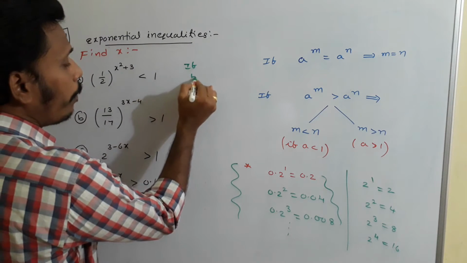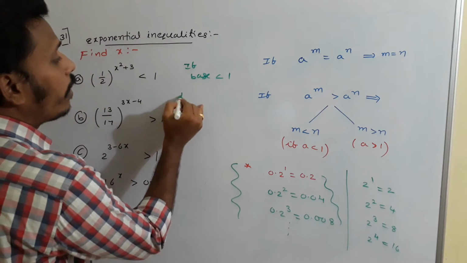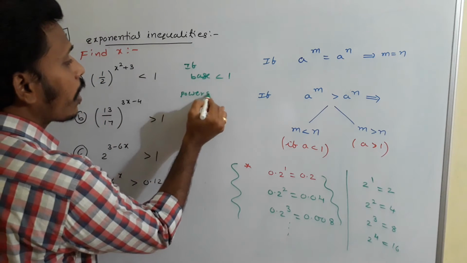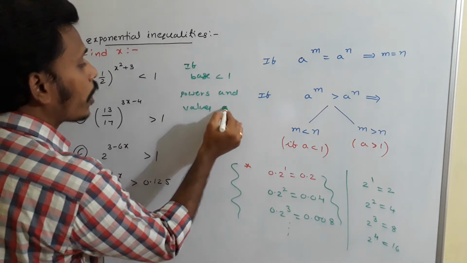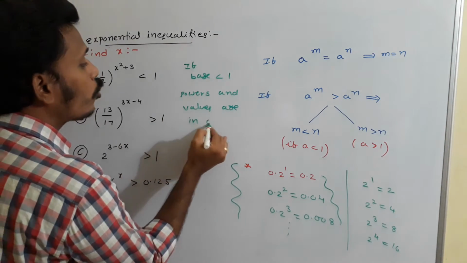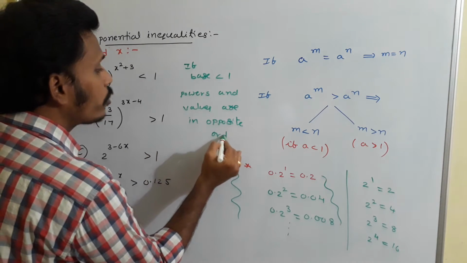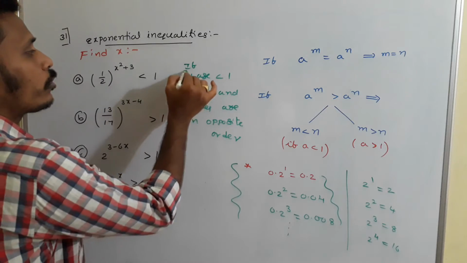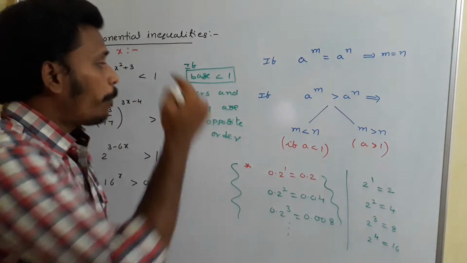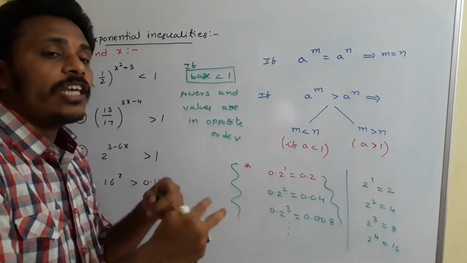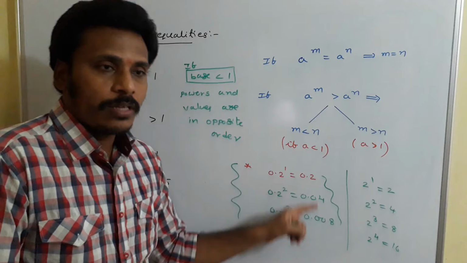If base is less than 1, powers and values are in opposite order. That in the sense, we need to check the base first. If the base value is less than 1, powers and values should be in the opposite order. Okay? If powers are increasing, values are decreasing.